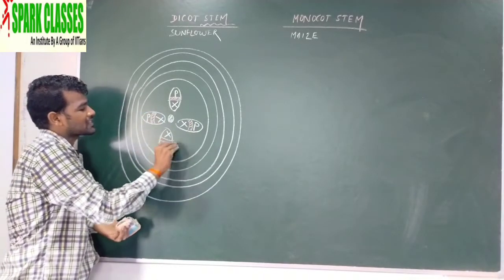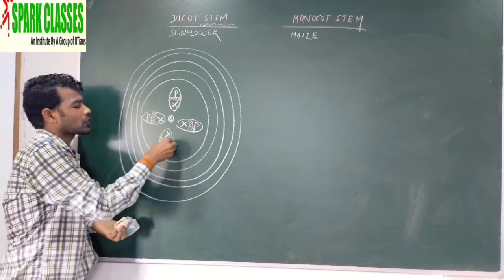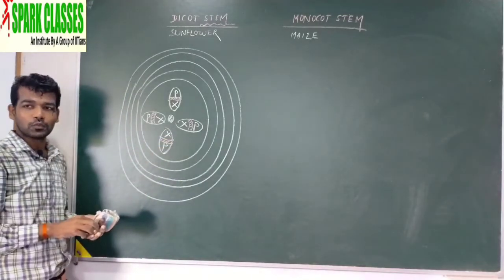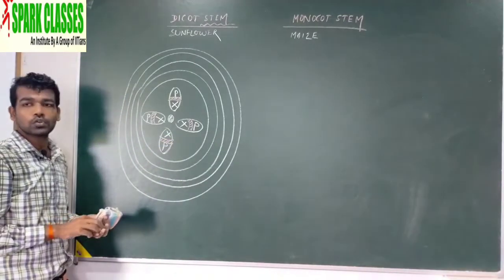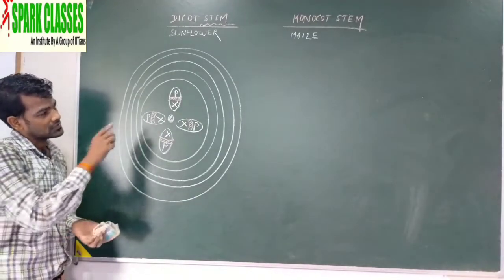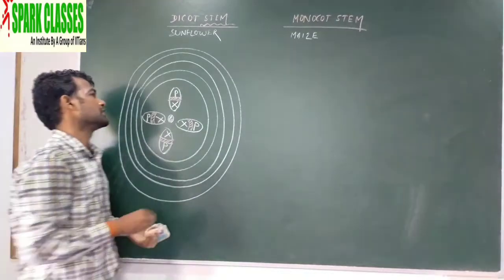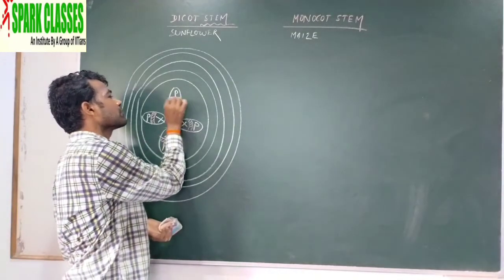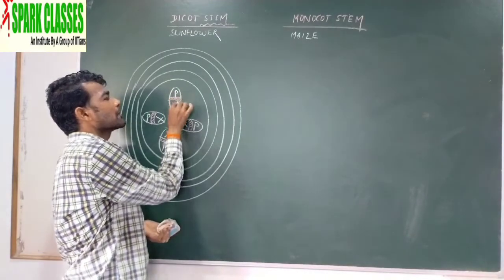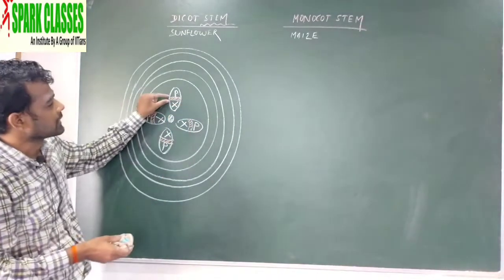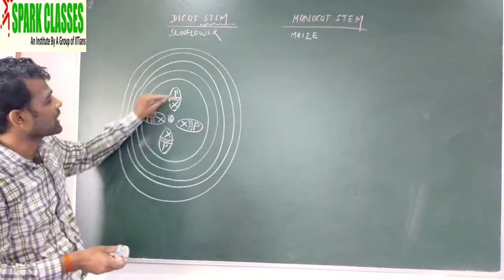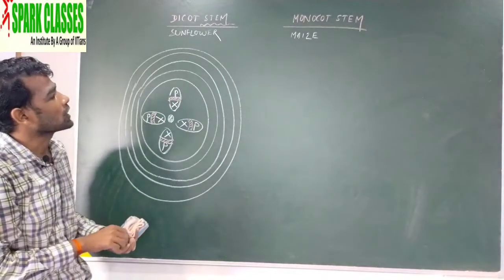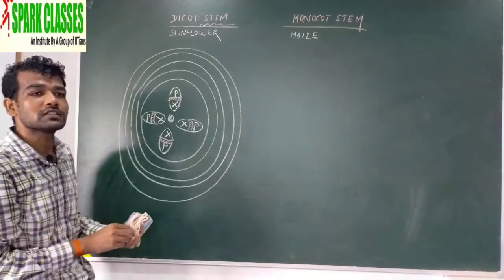So that's why this type of bundle is known as open or closed. Last class I had already told you, open vascular bundle or closed vascular bundle. This type of vascular bundle in which there is a presence of intrafascicular cambium between xylem and phloem. If a band is present between xylem and phloem, that is called your open vascular bundle.